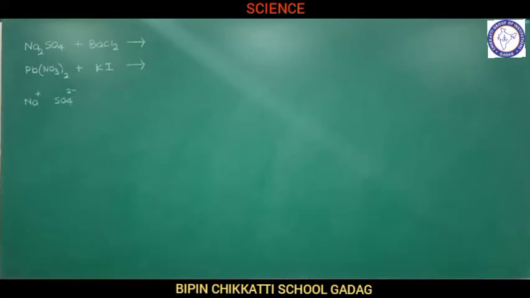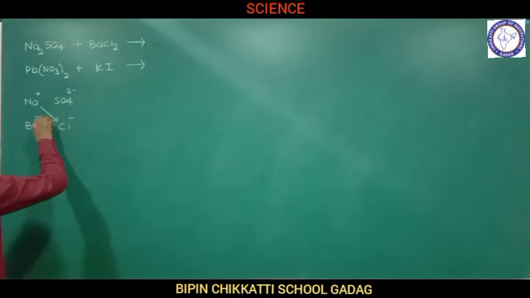And if you consider the other reactant, BaCl2, Ba2 plus, barium valency is 2+, and Cl is minus. So we have a cation and anion from two different reactants, and there will be exchange of cation and anion. This is how the cation and anion exchange here.